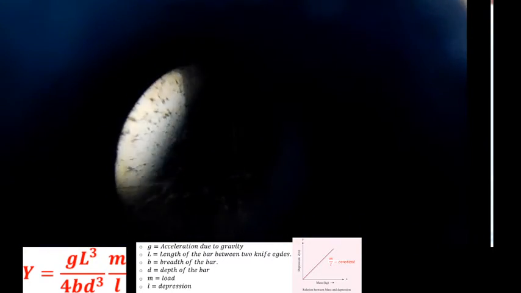So this is the reading when there is no load on the hanger. So that is mass is 0 kg. There is no load on the hanger. So there we will measure the main scale reading and the circular scale reading. We can see here the main scale is reading about 2.3.